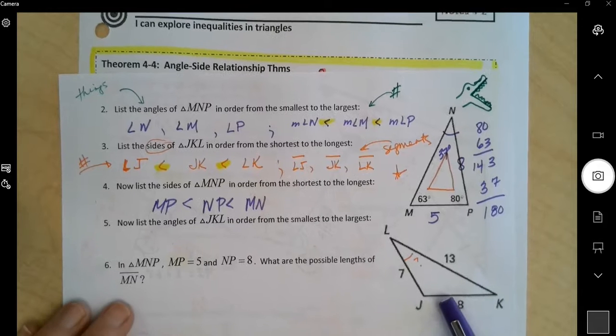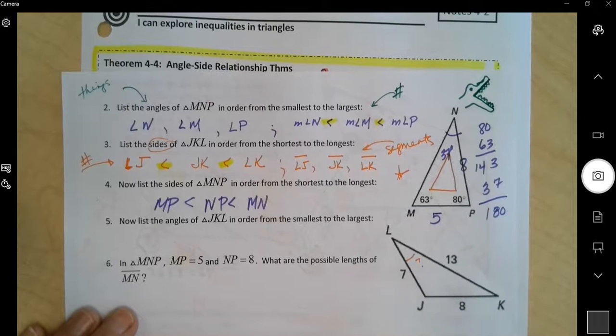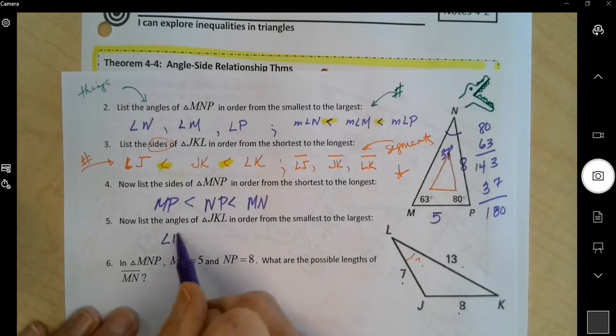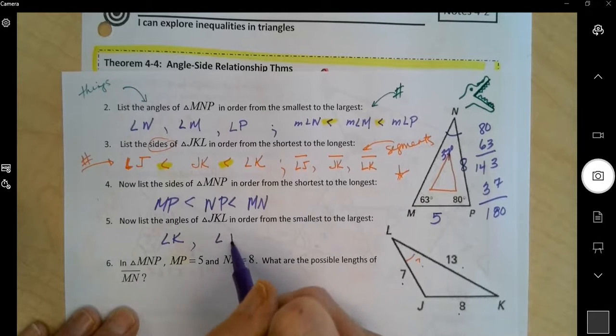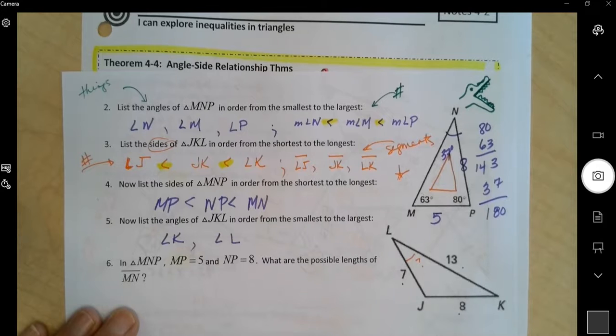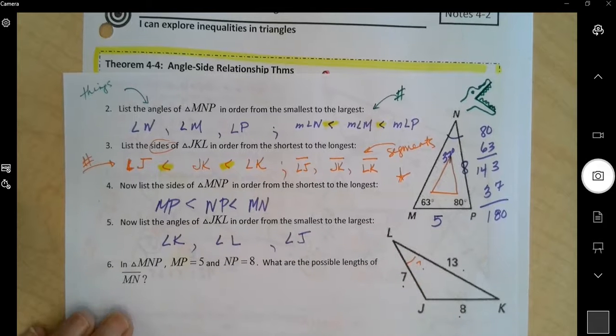For this one, if I have to list the angles of JKL in order from smallest to largest, all I got to do is look at my side length values. And I know that angle K is going to be my smallest. I know that angle L is next. And I know that angle J is my largest.